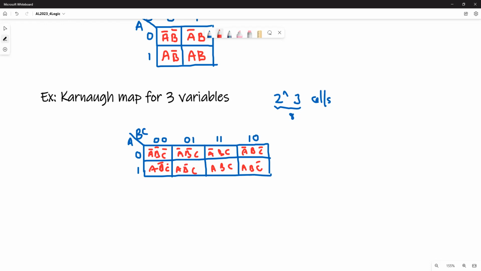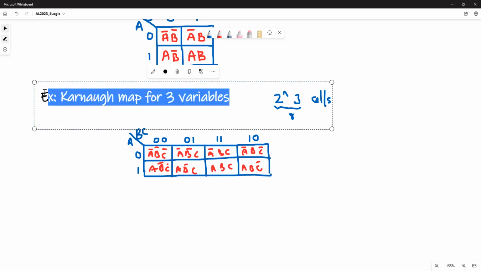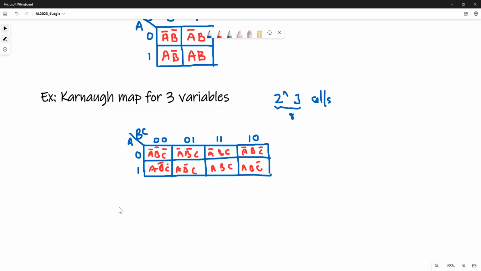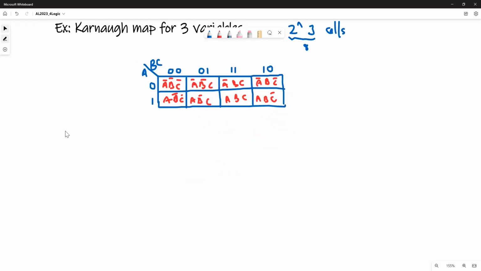Right. Now let's look at the more complex one, right? So this time I'm going to take variables for 4 variables. Kanta, can you draw Karnaugh map for 4 variables and send me as a WhatsApp message?